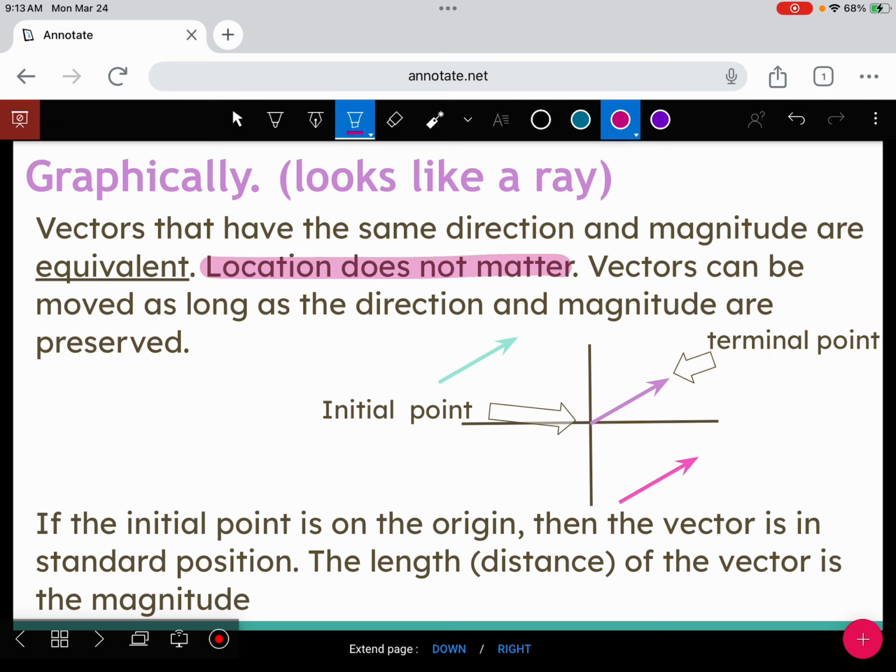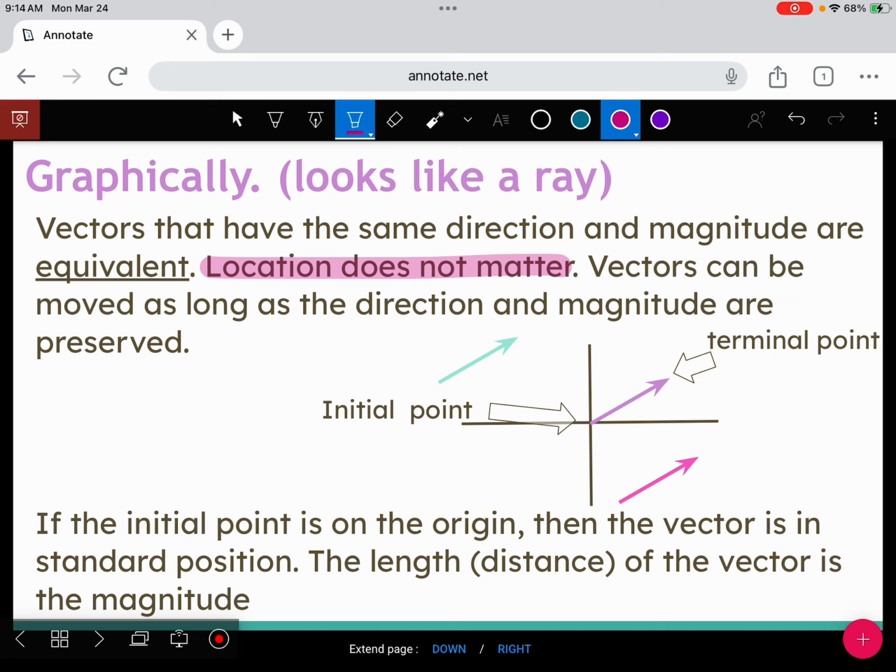As long as our pieces are all moved in the same way, as long as our direction and our magnitude are preserved, these three vectors right here, my light blue, my pink, and my purple, they count as the same vector because their direction and their magnitude are the same. We call the initial point the one that's at the origin.